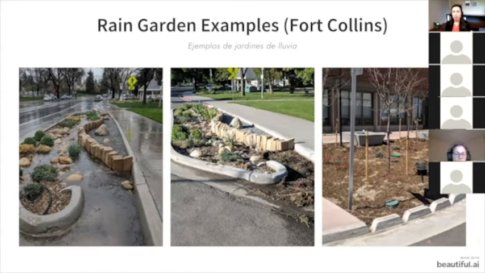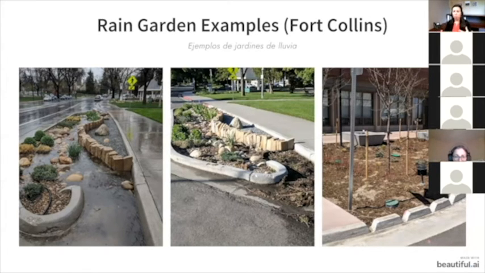The third example here was that distributed inlet that I showed you earlier, but just look at how water is coming into this rain garden. You're getting water from the sidewalk in a distributed fashion. As you can see at the top of the picture, you're also getting runoff from the street in this distributed format.